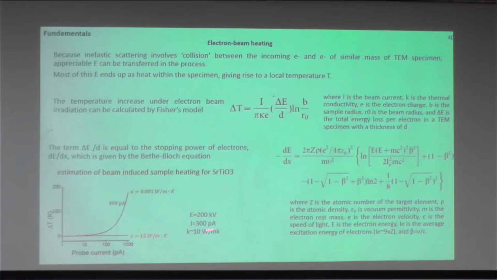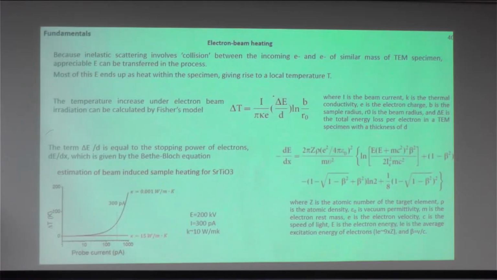If we use such a large conductivity of the material, then we do not have an increase in the temperature in the specimen. But if we reduce the thermal conductivity of our material by several orders, to 0.01 watt per meter kelvin, we can see that at a probe current of 30 pico amps, we have heating of on average 50 Kelvin.